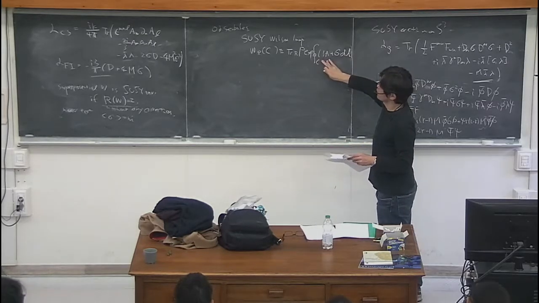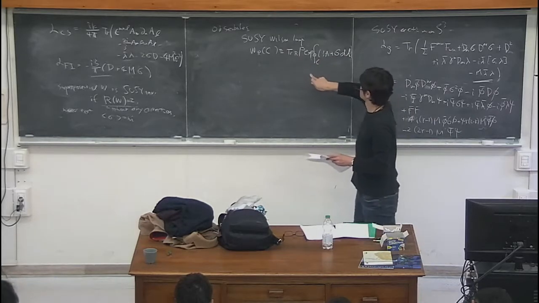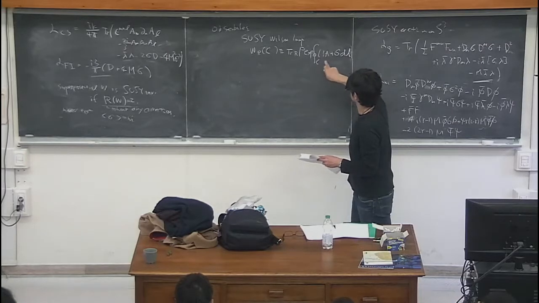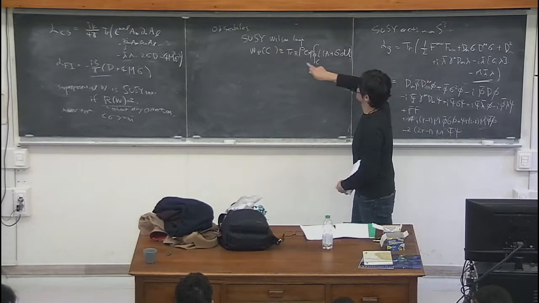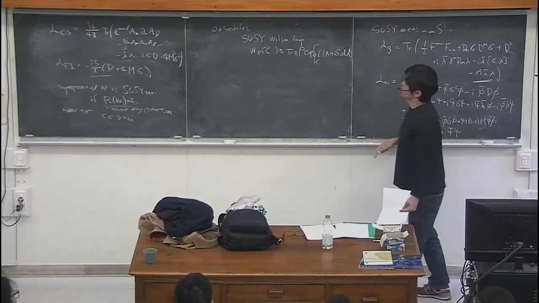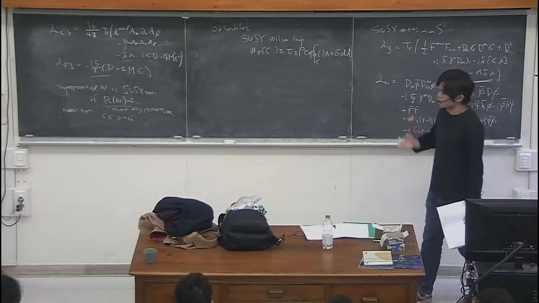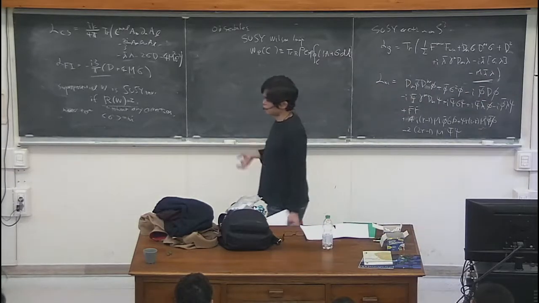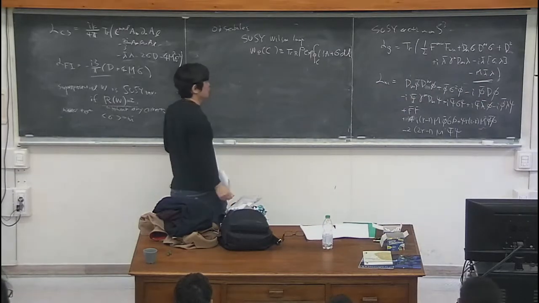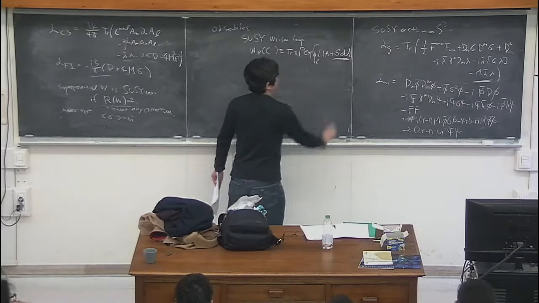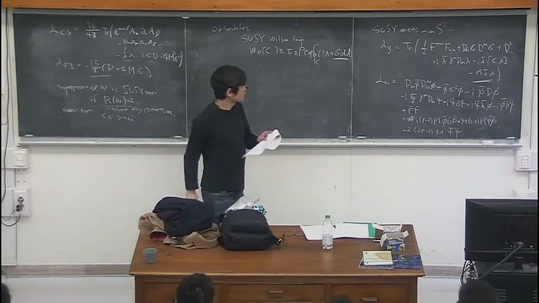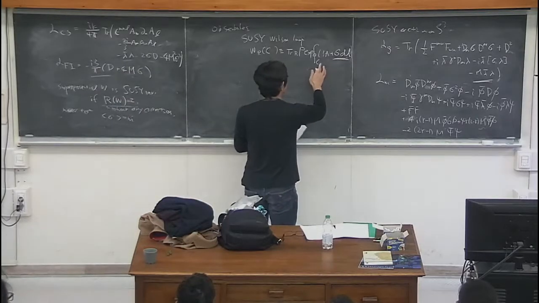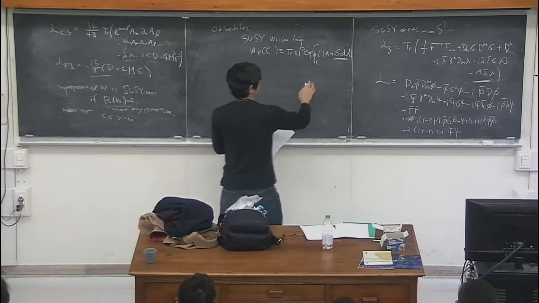R is a representation of the gauge group, and this trace, or this A, is represented by the representation matrix of R. So there's a choice of the representation for this Wilson loop, and this is an additional term which is needed to keep the supersymmetry, sigma dl, where dl is a line element of this circle C.